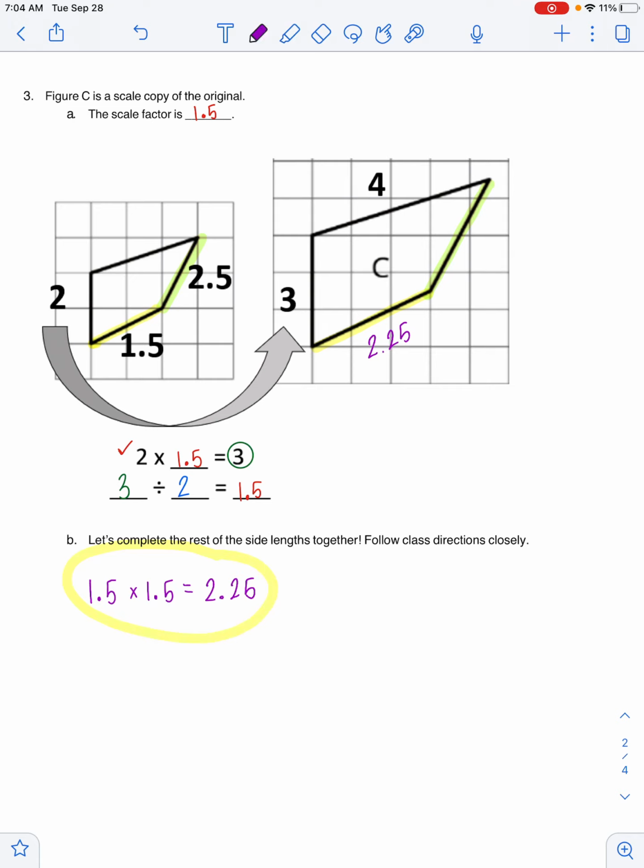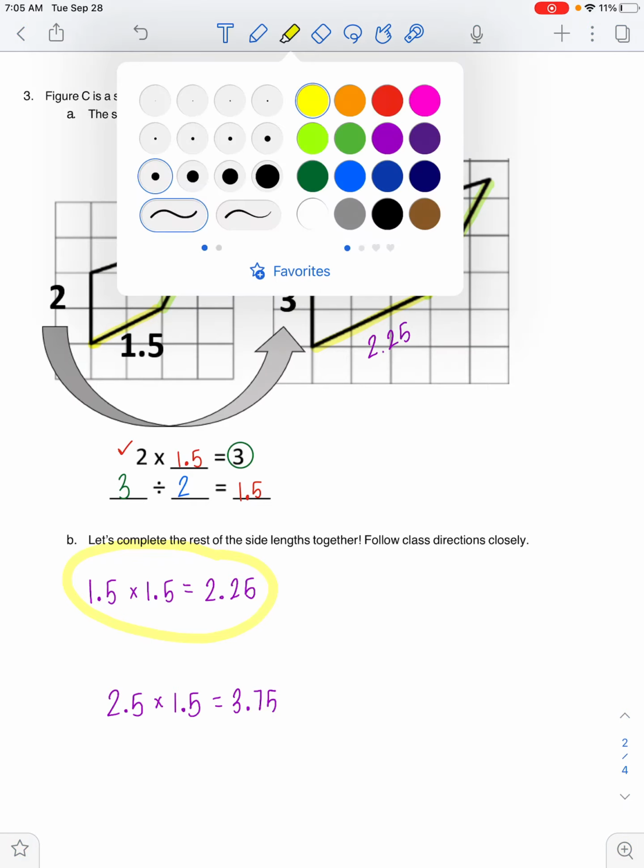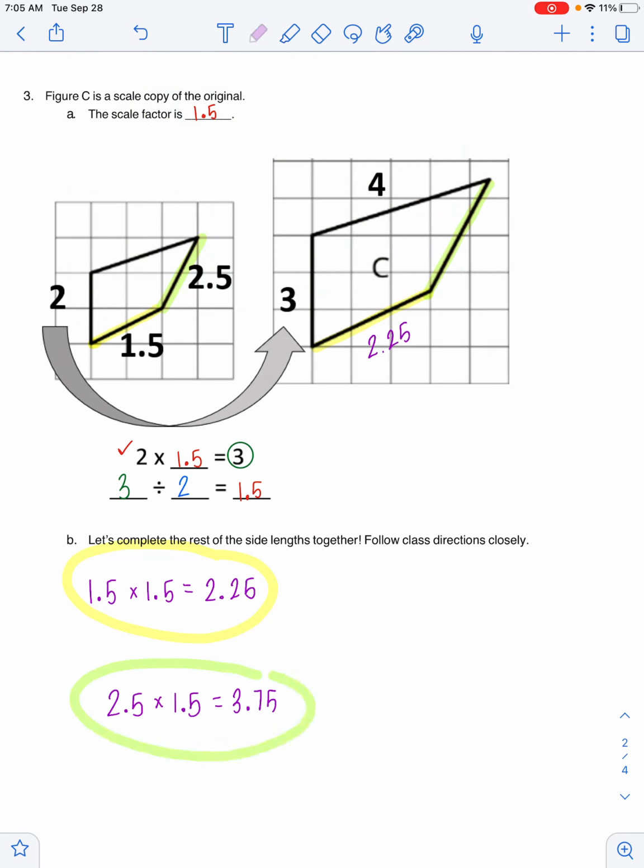Your green side length on the original copy is 2.5. You're multiplying times 1.5, which gives you a new side length of 3.75. And again, that's the green corresponding side.